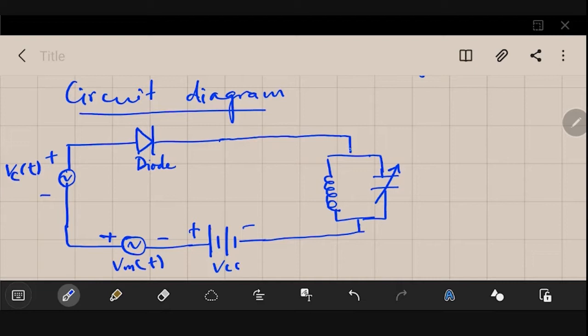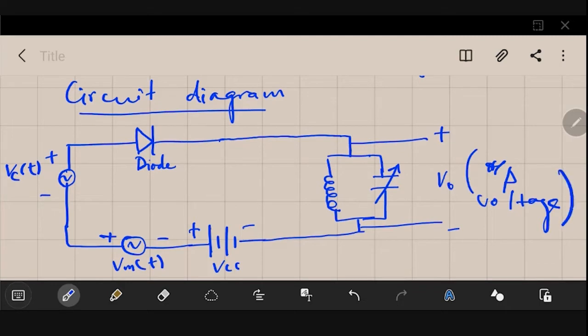And then across these two devices, the inductor and the capacitor, we will be getting our output, which is your V0. Plus and minus are the polarities, and this is basically the output voltage. Okay, so this is how the square law diode modulator looks.